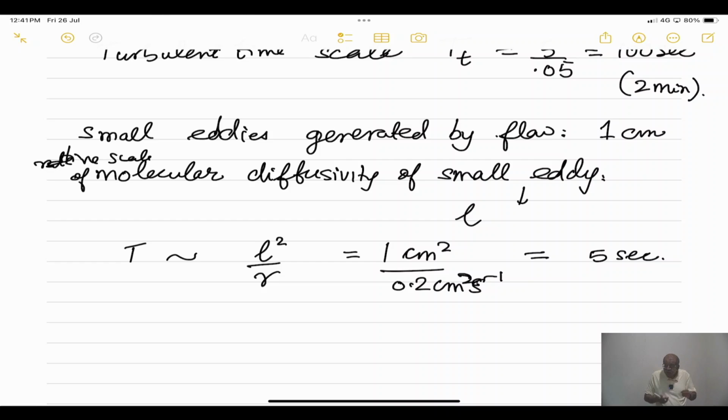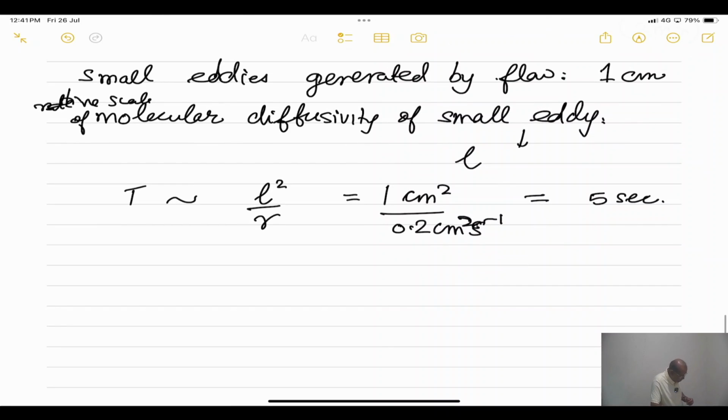So at the small scale, for the large eddy the molecular time scale is much larger, but diffusivity at a small scale is very fast. Even the molecular diffusivity, if the scales are small, is very fast.